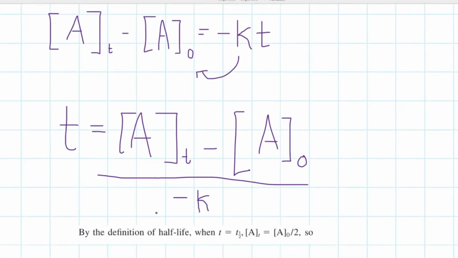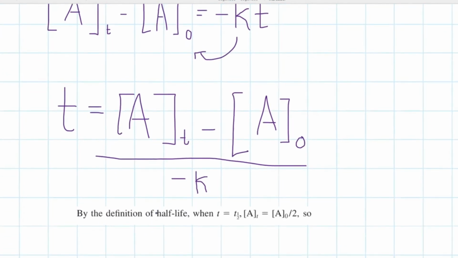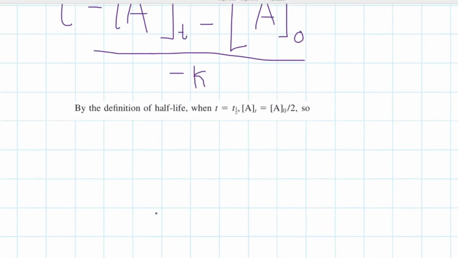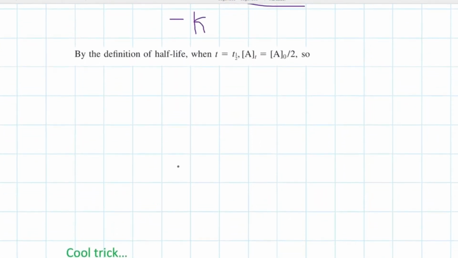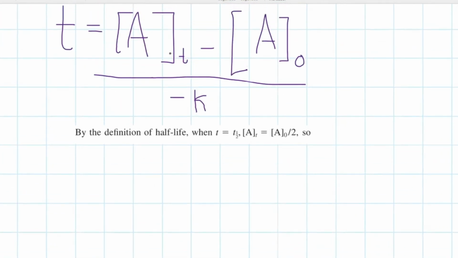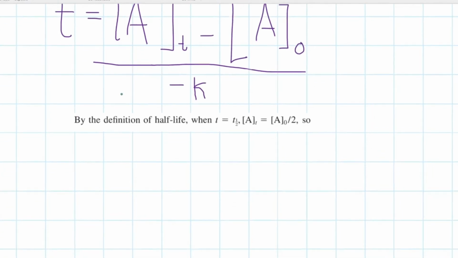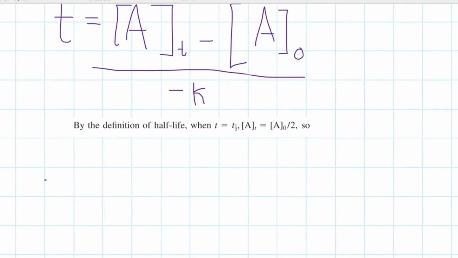Okay, now we already solved for T, but we're looking for T1/2. By the definition of half-life, it's when T equals T1/2 and the current concentration is equal to initial concentration over 2. So let's start modifying this equation we just got.